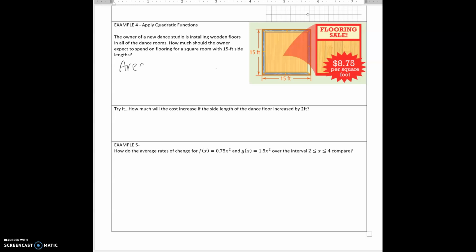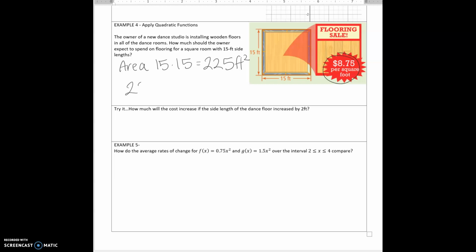Finding the area of a square or rectangle is just side length times base, or length times width, however you want to say it. So we're going to do 15 times 15, which is 225 feet squared.